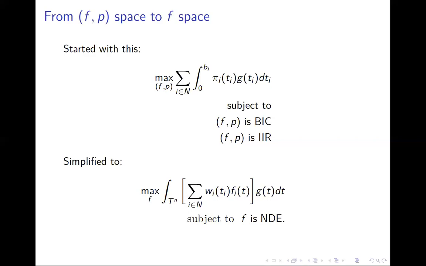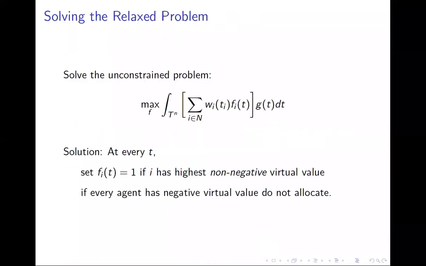If it so happens that the optimal solution to that automatically satisfies the constraint, then you're done, right? Because if the unconstrained optimum satisfies all the feasibility constraints, then it's also a constrained optimum. Okay. So that's the approach that we are going to follow. Solve the unconstrained problem first. We are just going to maximize this without imposing the constraint that F has to be non-decreasing in expectation.